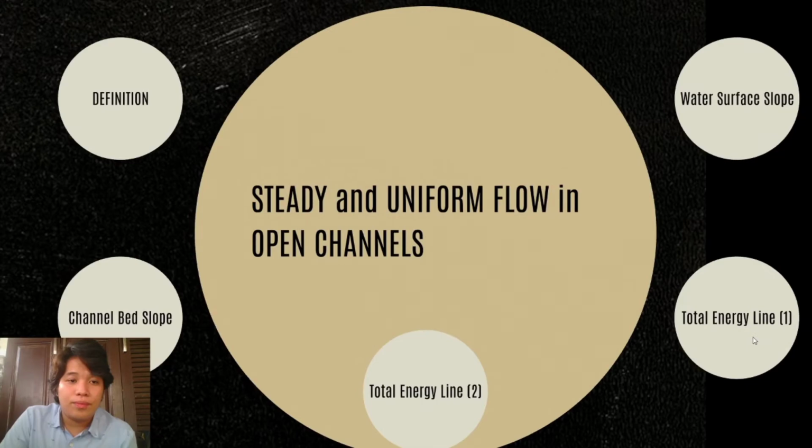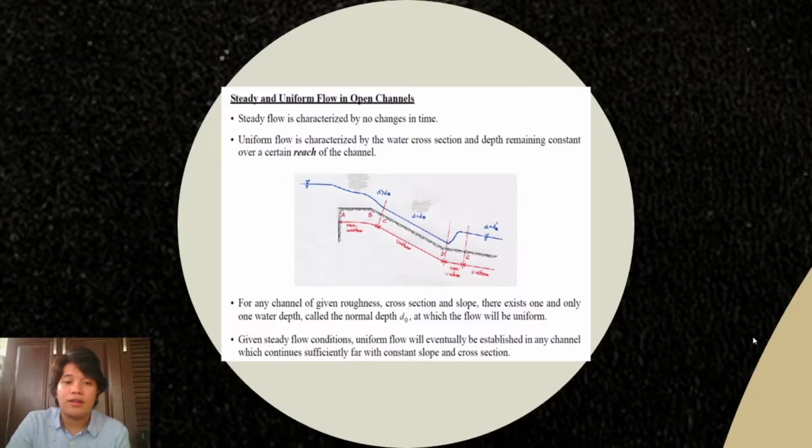By definition, steady flow is characterized by no changes in time, while uniform flow is characterized by the water cross-section and depth remaining constant over a certain reach of the channel.